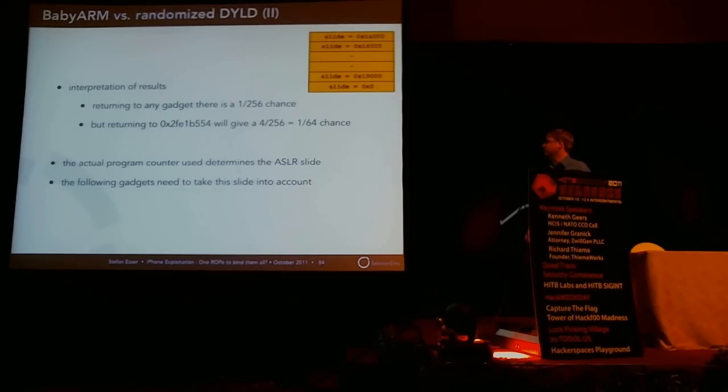That's quite convenient. And now the actual program counter, which one of them is used to determine the ASLR slide. So in this table above, you can see if the very first program counter was taken, then obviously the slide of the dynamic linker is 1A and 3 zeros. If the second one was taken, the slide will be 1, 4, and so on. And so you know exactly the offset your dynamic linker was moved.